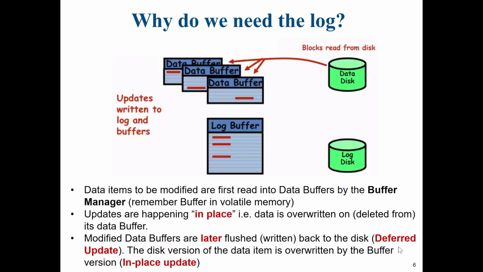When do you think it is safe to truncate the log? Truncate means you basically shrink it, remove all the entries before the last successful checkpoint. So when do you think it's safe to truncate the log?